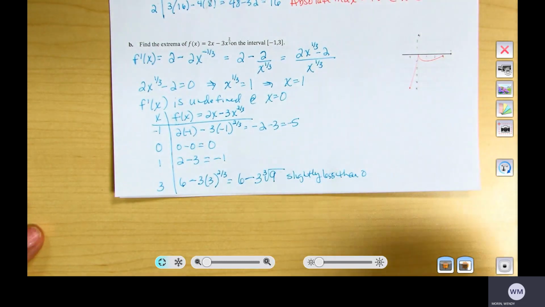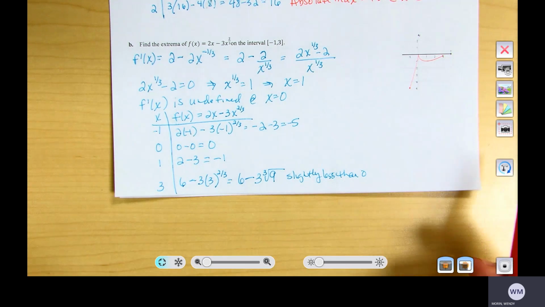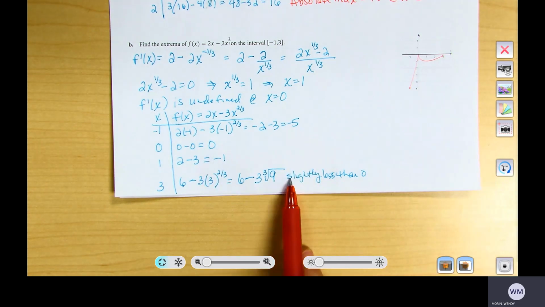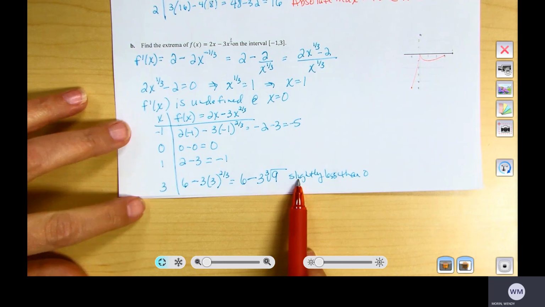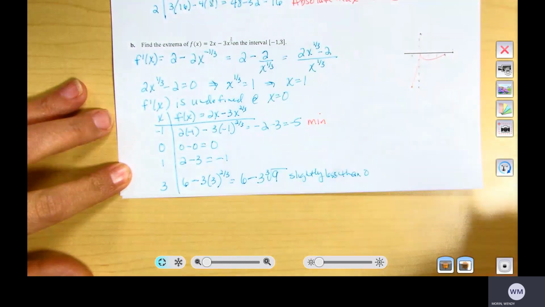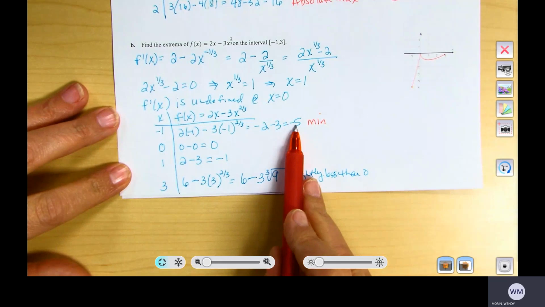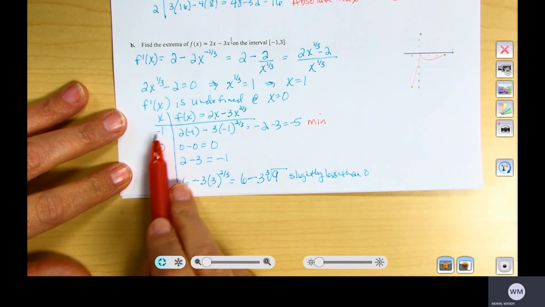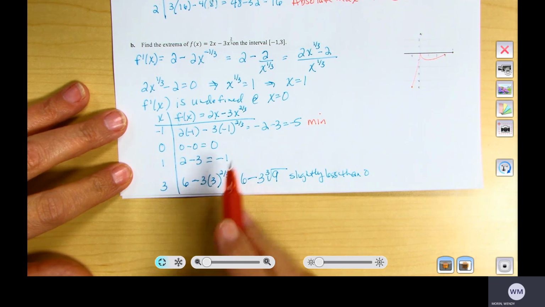So where are your extrema? Well, what is your smallest number on here? -5, 0, -1, and something slightly less than 0. Well, your absolute min is going to be -5, and it's going to occur at x equals -1. And what is your largest value here? This, right.